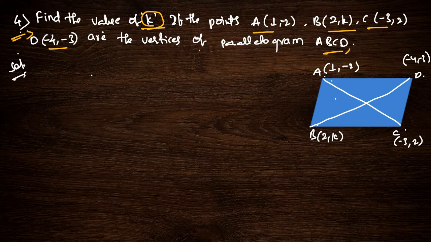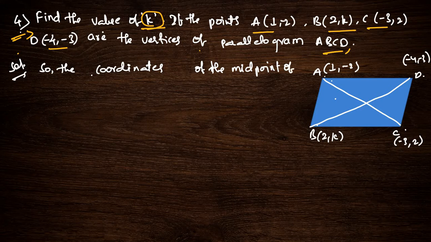In the parallelogram these two diagonals bisect each other. So you have to write like this: the coordinates of the midpoint of AC is equal to the coordinates of the midpoint of BD.